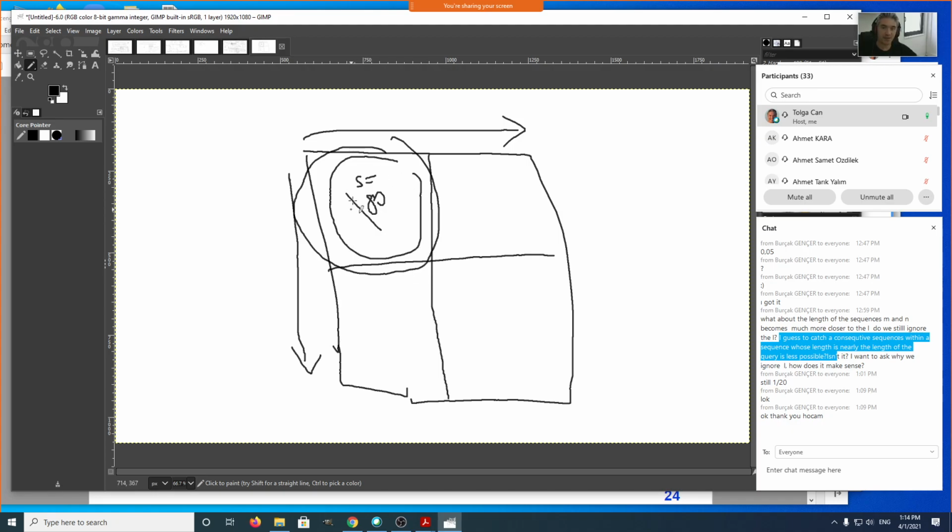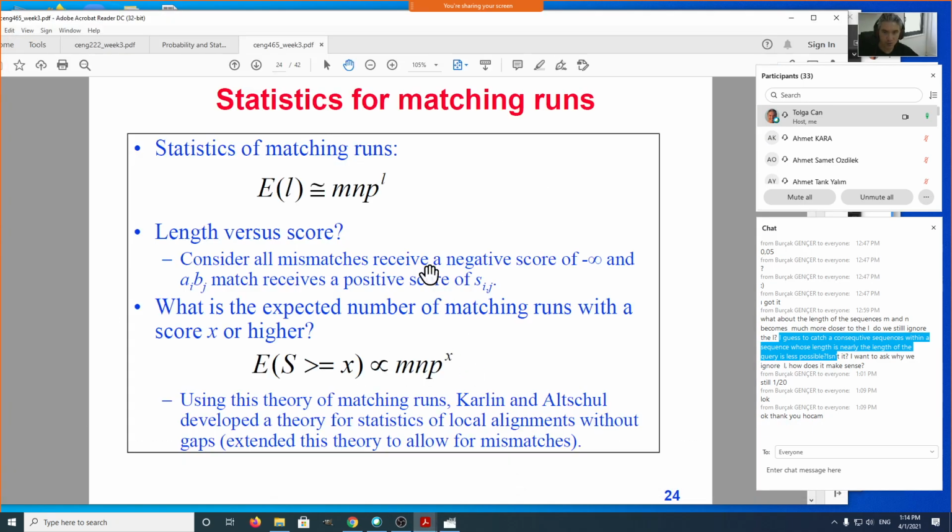If I expect to find one such alignment in this region, and I double both of the sequence lengths, you would, as you can see, quadruple in size. So they're quadratically proportional to the expected value of finding such a matching run with a score of at least x. Okay, so they are proportional.